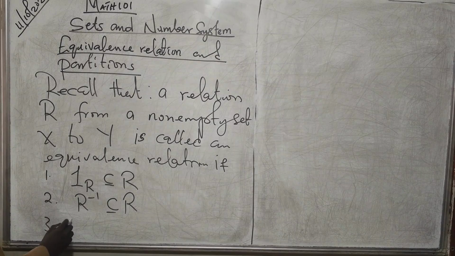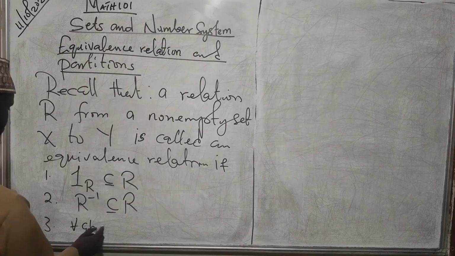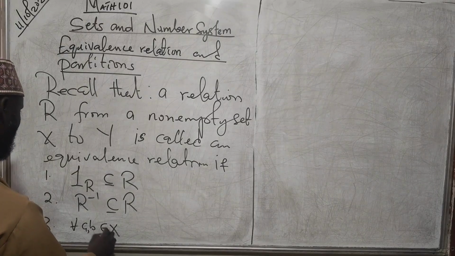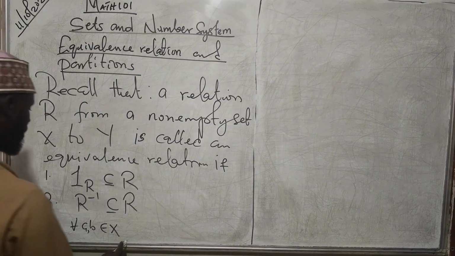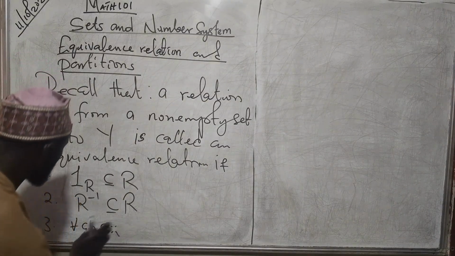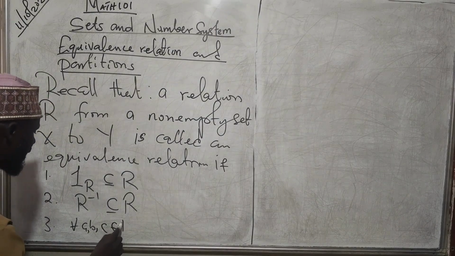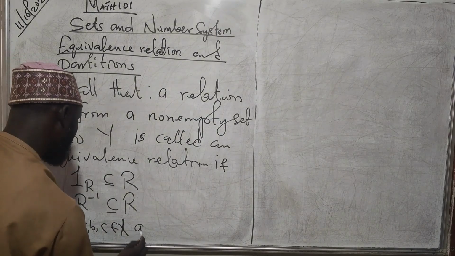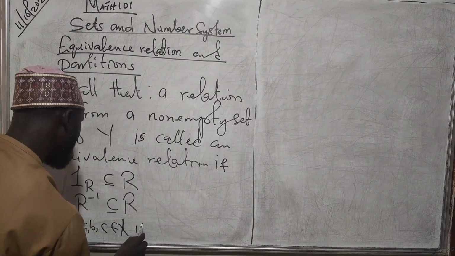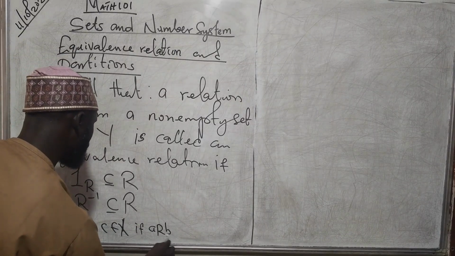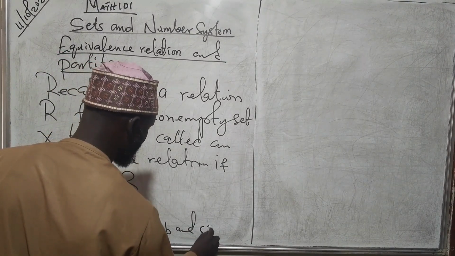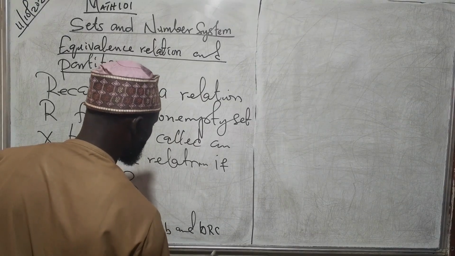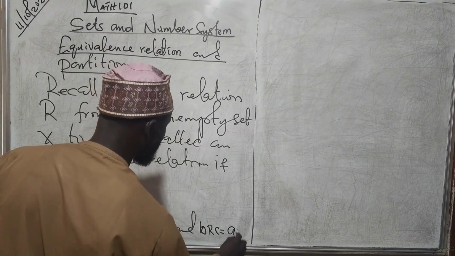Three, for all A, B, C in X, because a relation now is from X to Y, if A is related to B and B is related to C, this implies A is related to C.